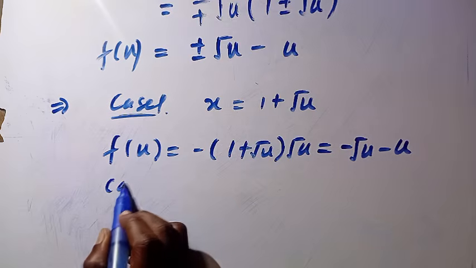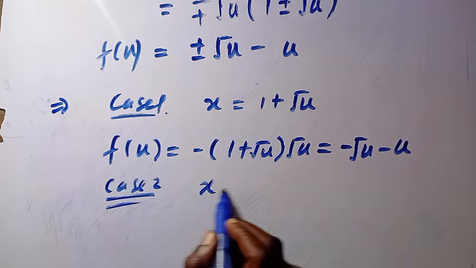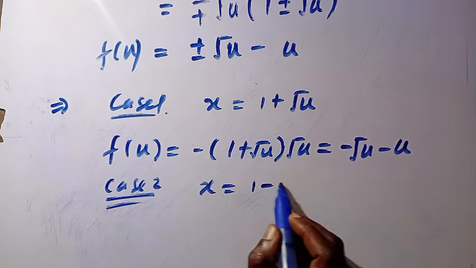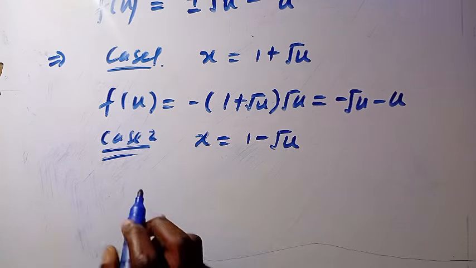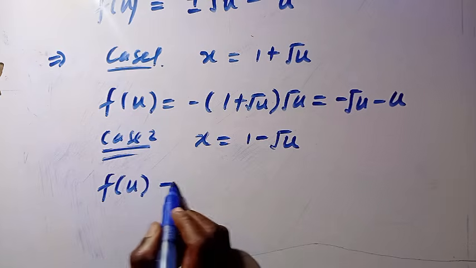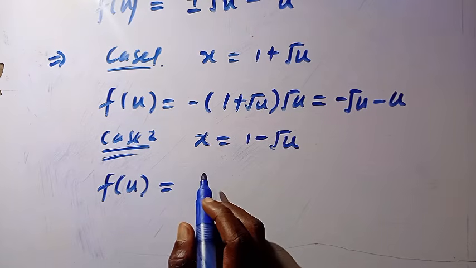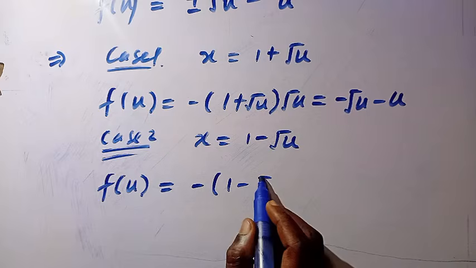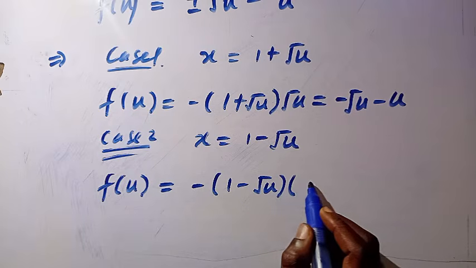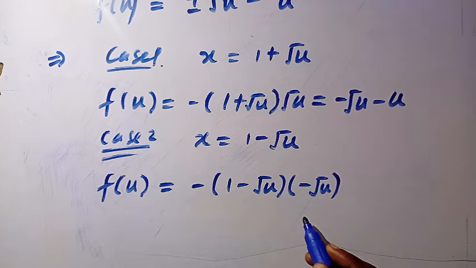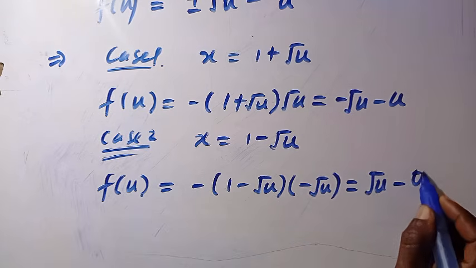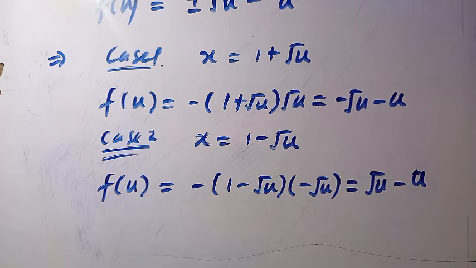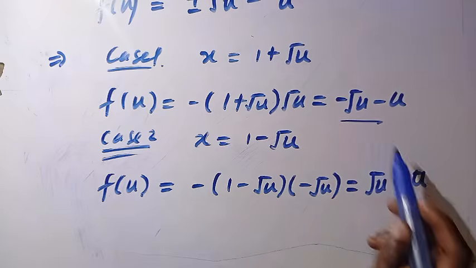And for case 2, if x equals 1 minus square root of u, we have f of u equals minus open bracket 1 minus square root of u multiplied by minus square root of u. And the whole of this gives us square root of u minus u. There are two functions that we got, one is the first and one is the second.